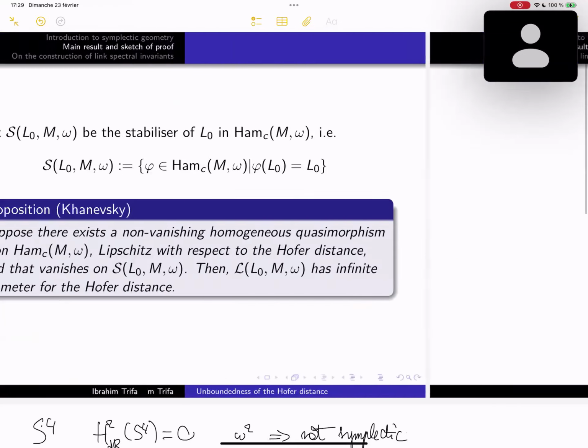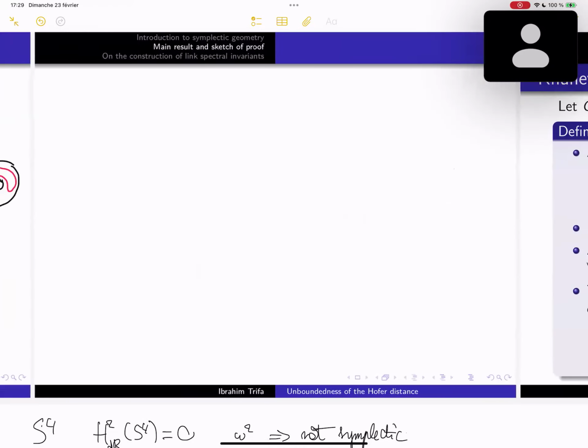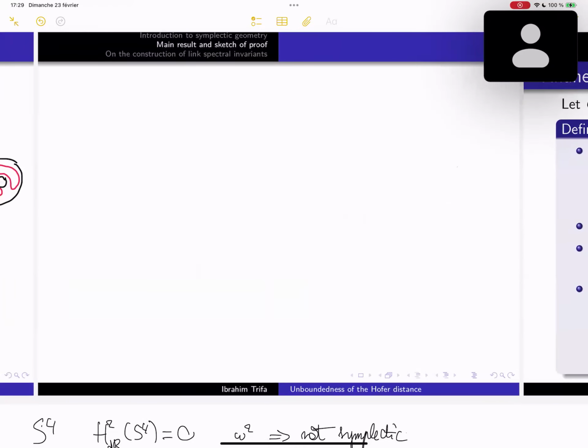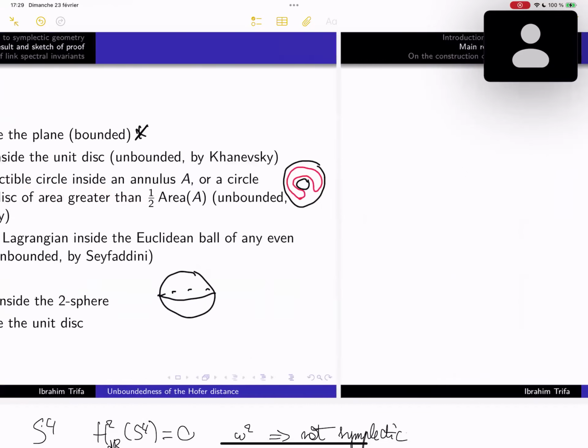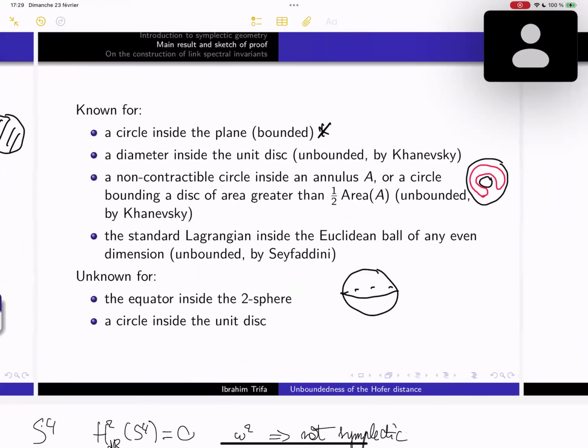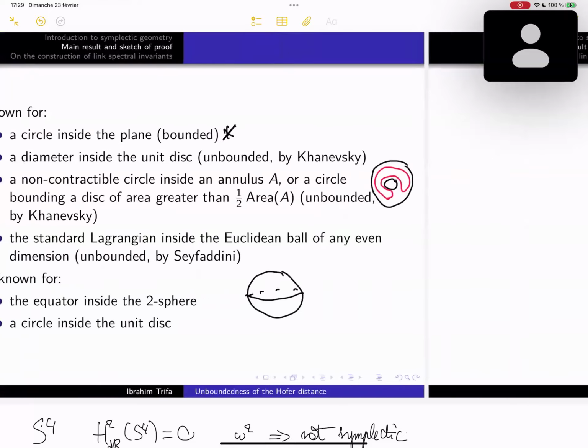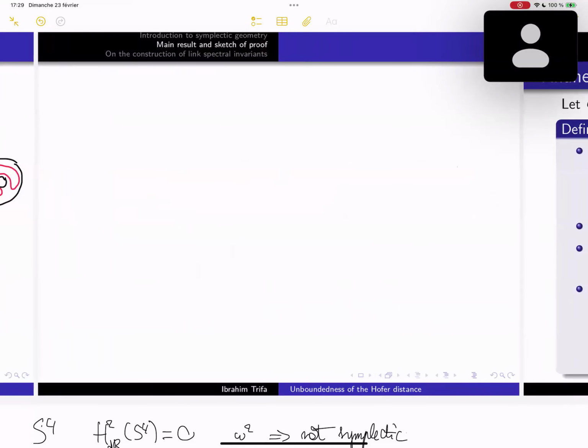Okay, so maybe to get a better idea of how this Hofer distance works, I wanted to prove this result about the distance being bounded for a circle inside the plane. So first of all, I will show a small result.